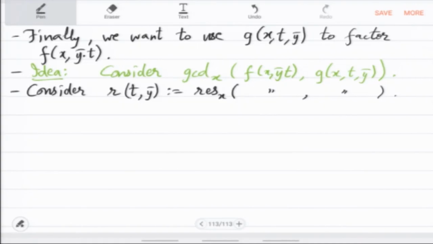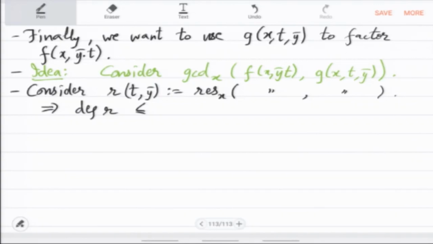And note that the degree of R is at most the following. The degree of f with respect to x is d, and we also know that the degree of g with respect to x is less than d. So you are looking at the determinant of around a 2d cross 2d matrix.